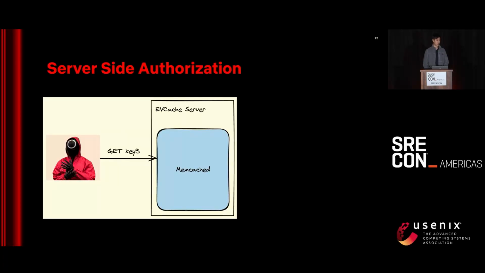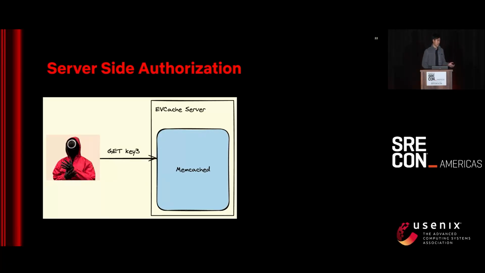Now let's talk about authorization. Across Netflix, we have a lot of different services, a lot of users, and a lot of different caches, and each cache contains different information. The information in one cache might be sensitive, and the information in another cache might not be.